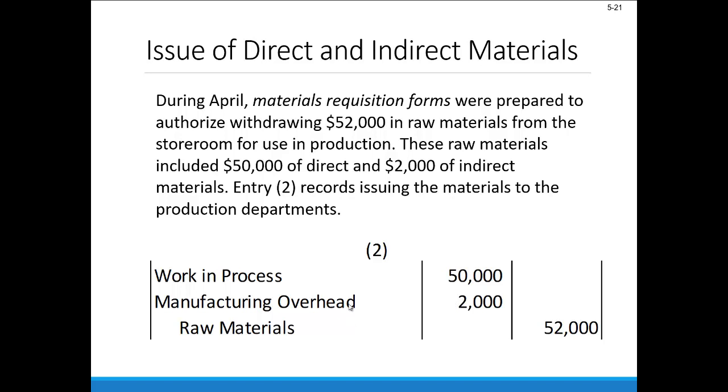Incidentally, real quick, for the overhead account, any debit to overhead represents incurred or actual overhead. Any credit to overhead, as we'll see, represents applied overhead. So to finish out this entry, we want to indicate that we've used a total of $52,000 in raw materials, so we're going to credit that inventory account for the same $52,000. Okay? Always want to make sure our debits and our credits match.